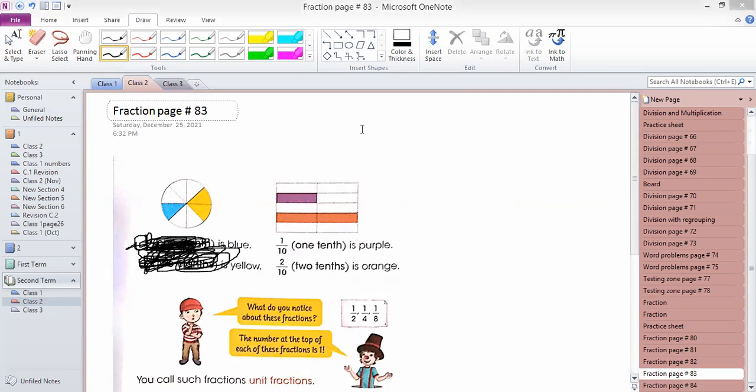You have to tell me what is the fraction of this blue. Look at the circle, check in how many equal pieces it is divided, and tell me the fraction for this blue. Answer me in the chat box, guys.